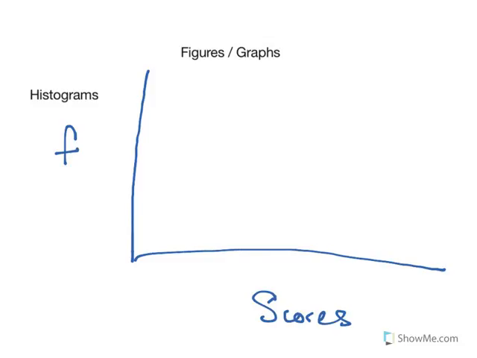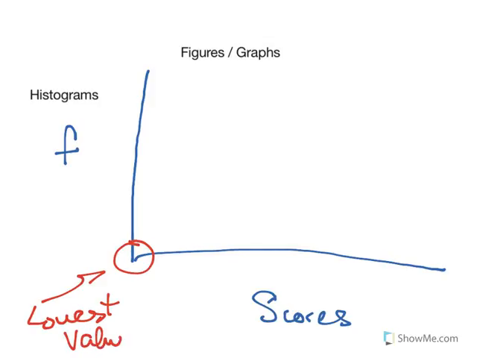Okay, the other rule for frequency histograms and graphs, and really the rule for all graphs, is that this point down here, the origin point, should always be the lowest value. So the lowest values go here. That means that for the frequency it'll be 0, and then for the scores it'll be 0. Okay?